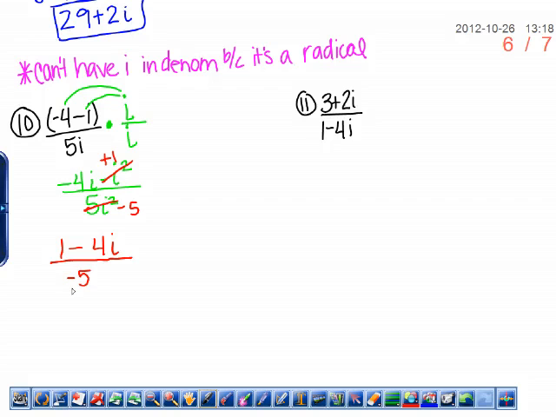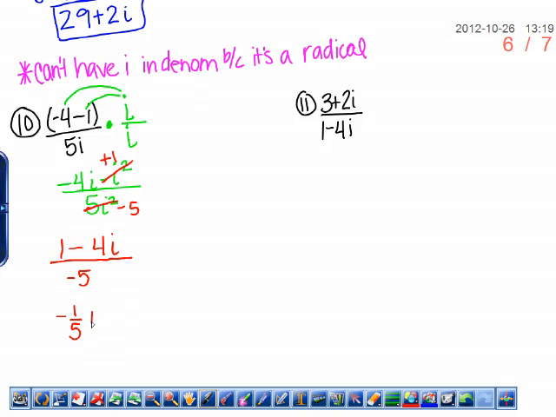So I've got to split it up into my real part and my imaginary part. I'm going to put 1 over negative 5, which is negative 1/5. And then I've got negative 4I over negative 5.